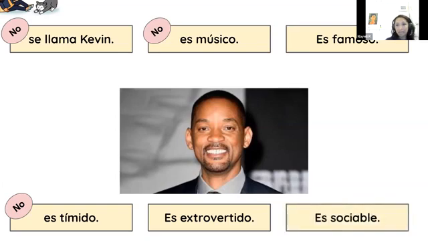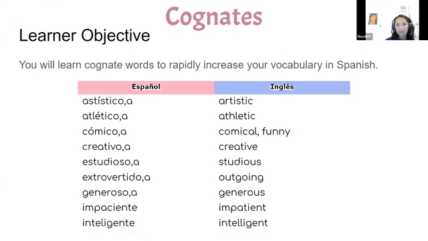Es sociable. Now, I want you to look at the cognate list that you have there, either on the second screen or in the printout.